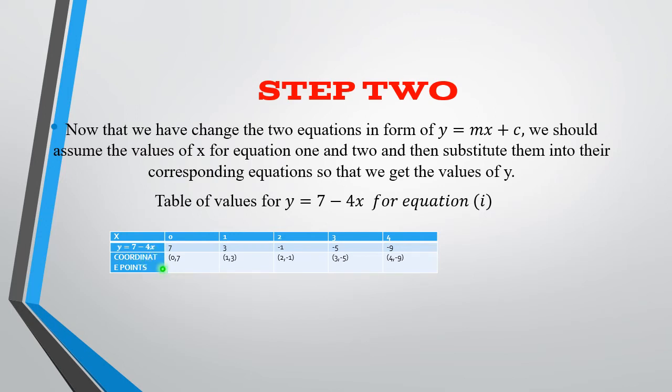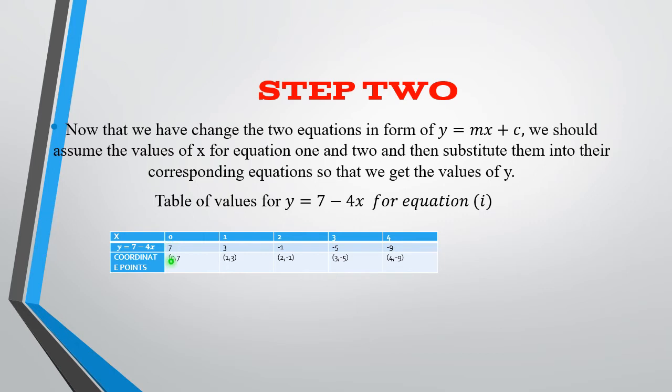The coordinate points. When x is equal to 0, we put 0 in place of x. 4 times 0 is always 0, so we have 7 minus 0, which is 7.